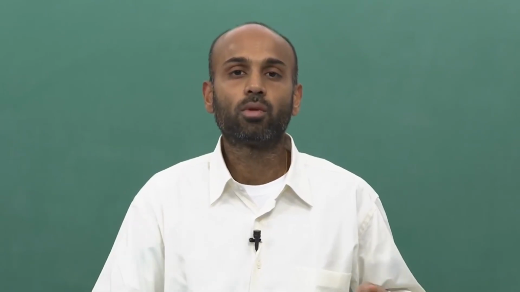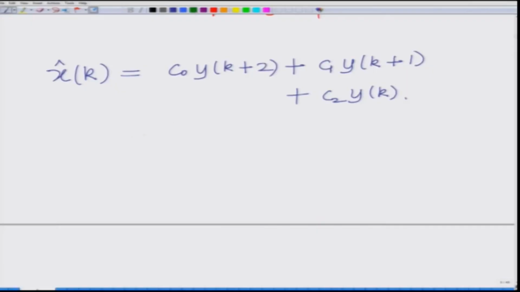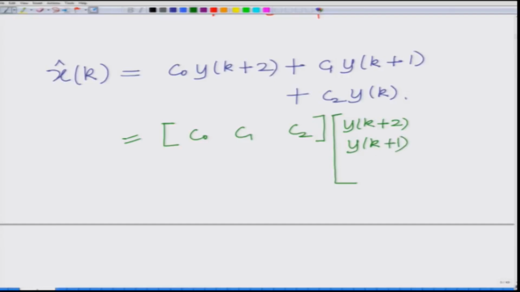Now I can write this as the row vector C0, C1, C2 times the column vector y k plus 2, y k plus 1, y k. This is the transpose of the equalizer vector C bar, that is C bar transpose, and this is y bar k.